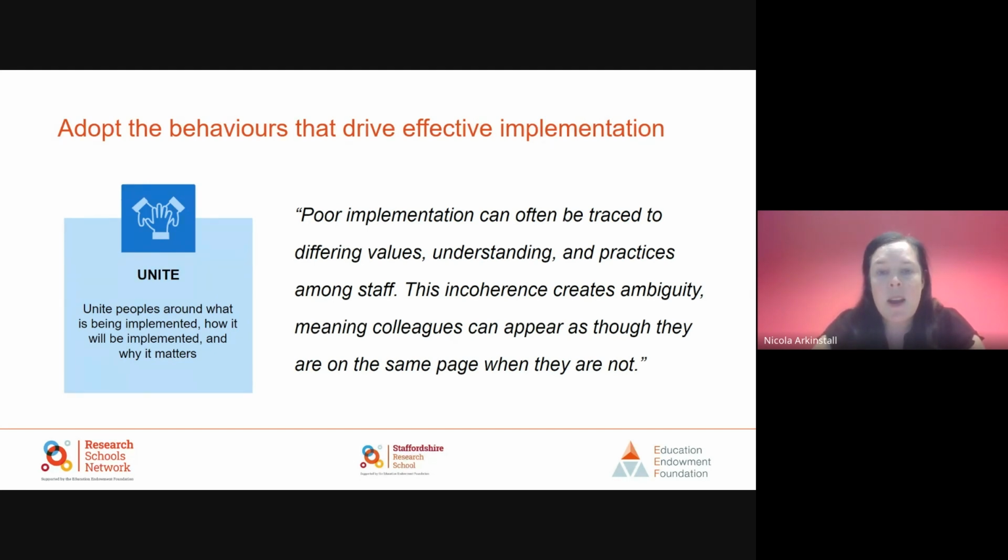But I think the way you get around that is by making it really explicit what the benefits are of using the strategies you want them to use, or the development you're trying to develop, and also clearly spelling out the risks if we don't improve that area of the subject, what those risks are to the pupils, and just trying to get more common ground between your values and vision of what you want your subject to look like, closer to their vision and values as well.